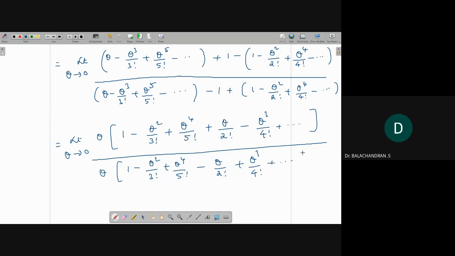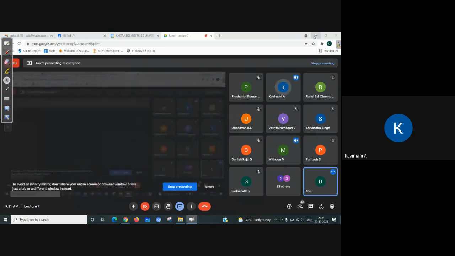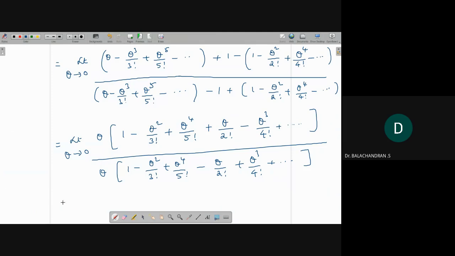So what is the answer? 1, sir. Yes, correct. The final answer is 1, because after cancelling theta and applying the limit as theta goes to 0, except the first term, everything remaining is 0. So 1 by 1, the final answer is 1.